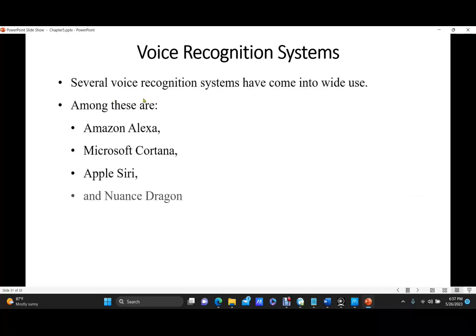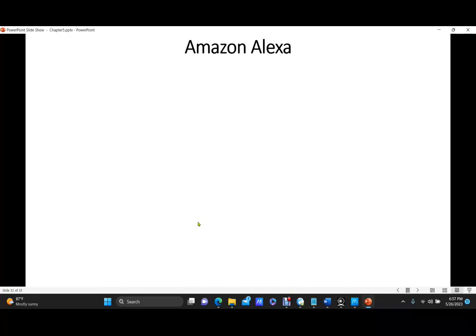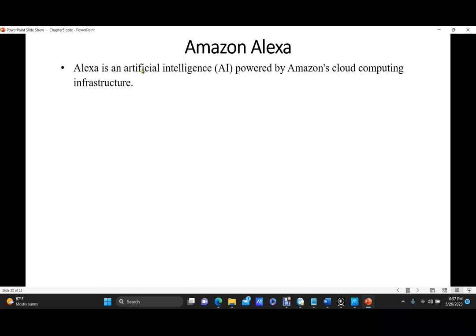There are several voice recognition systems in wide use. Some of these: Amazon Alexa, Microsoft Cortana, Apple Siri, and Nuance Dragon. Alexa is an artificial intelligence powered by Amazon's cloud computing infrastructure.